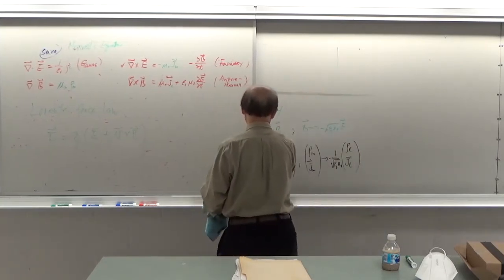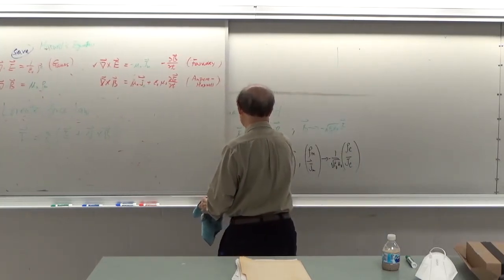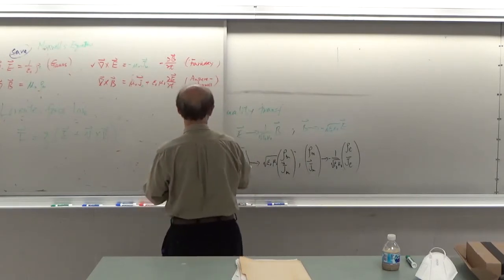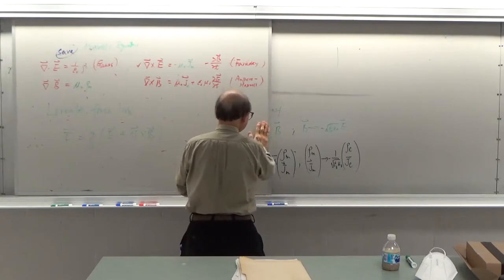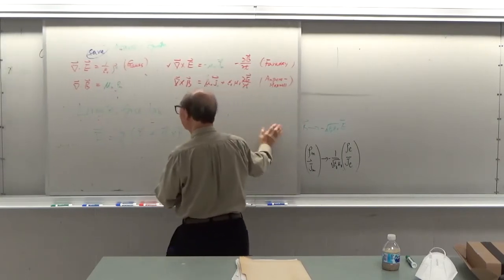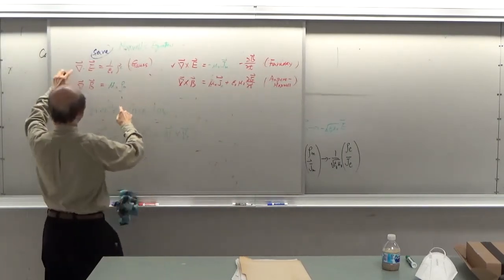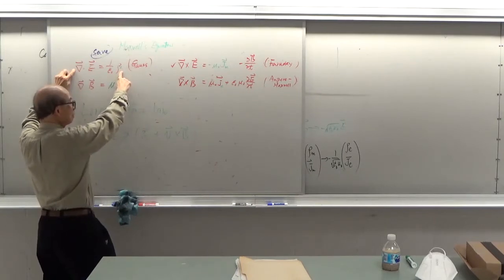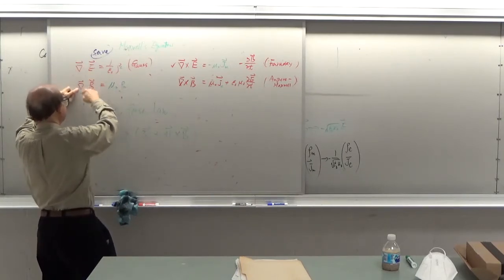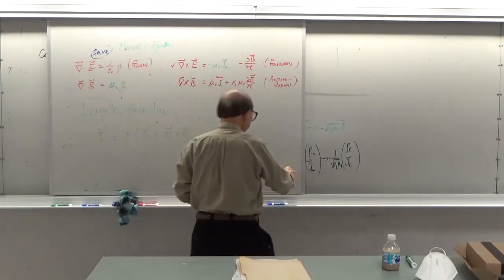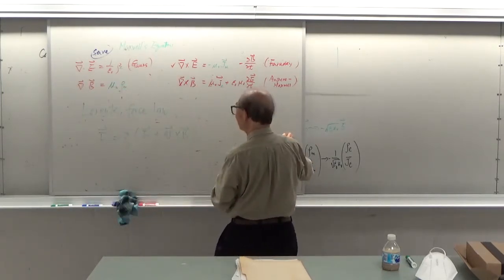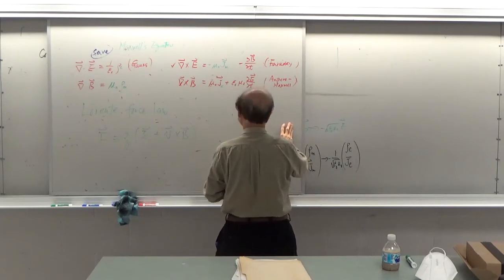I'm saying that under the duality transformation, this equation involving rho E goes into this equation with rho M, and this goes into this. Let's check. I do not have enough space.